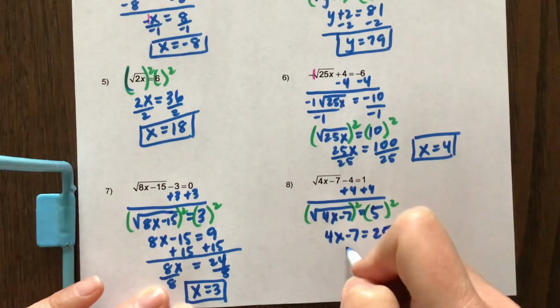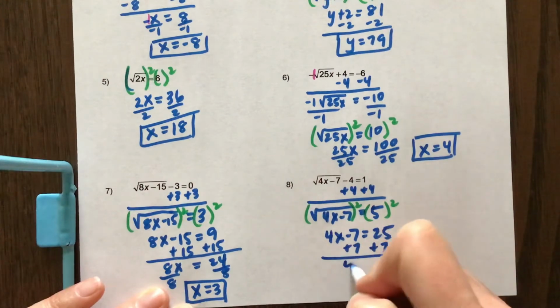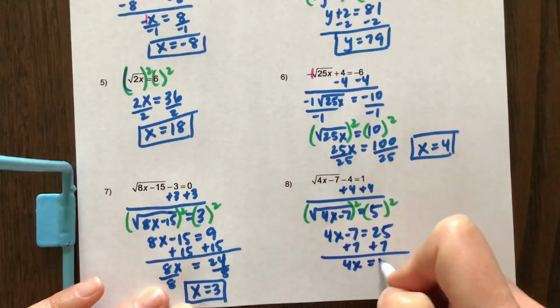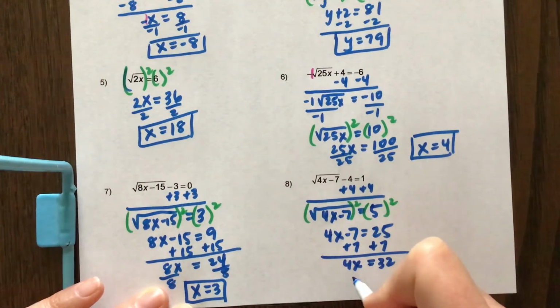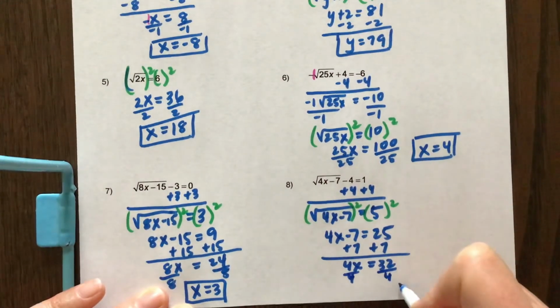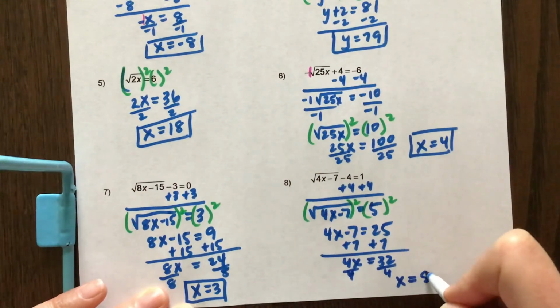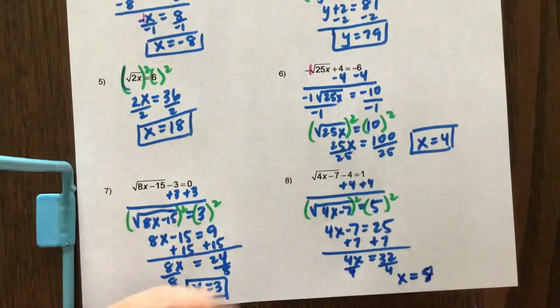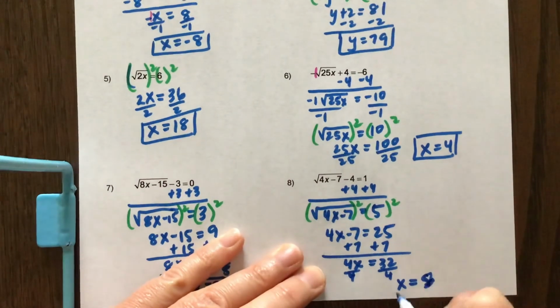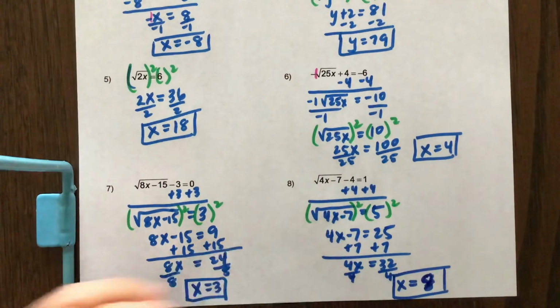And again, this is just a little baby two-step equation. By adding 7 to both sides, I get 4x is equal to 32. And then I have to divide by 4 to get that x is equal to 8. That's not a very good 8. See if I can make it any better.